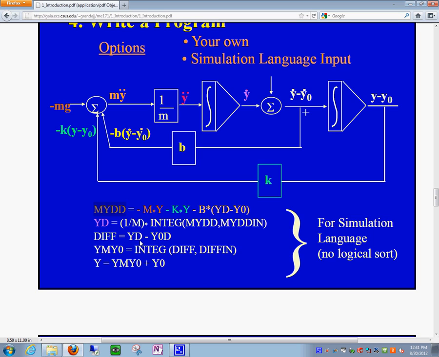The difference here represents this blocking here, and y0 is here, and then you integrate twice also to get this, and then y is this. So you see, it becomes a challenge to be creative to obtain these block diagrams.